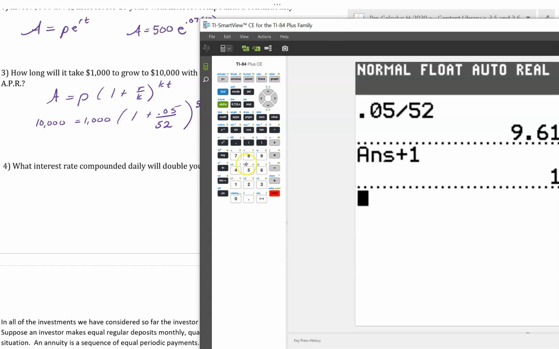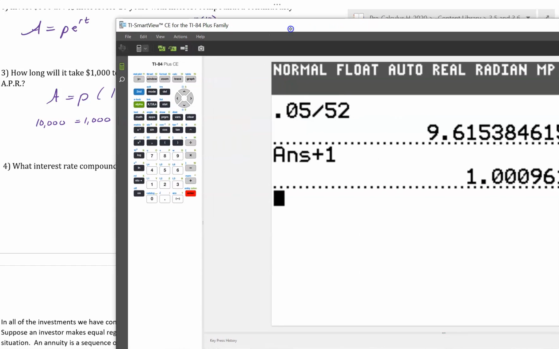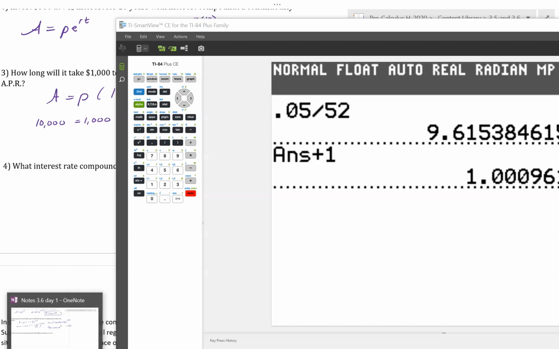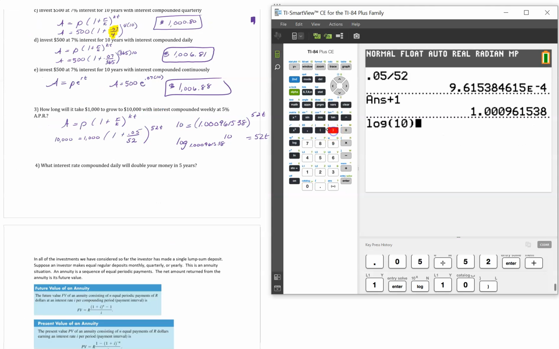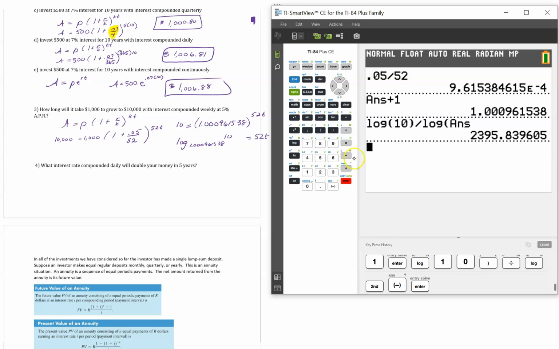So we'll do log 10, make sure you finish up your parenthesis, divided by log of answer, or you could have stored that value if you wanted to. But notice if you hit second negative sign, that's answer. Okay, so that's the left side, and now we could divide by 52 to find t. And you get 46.07 years.